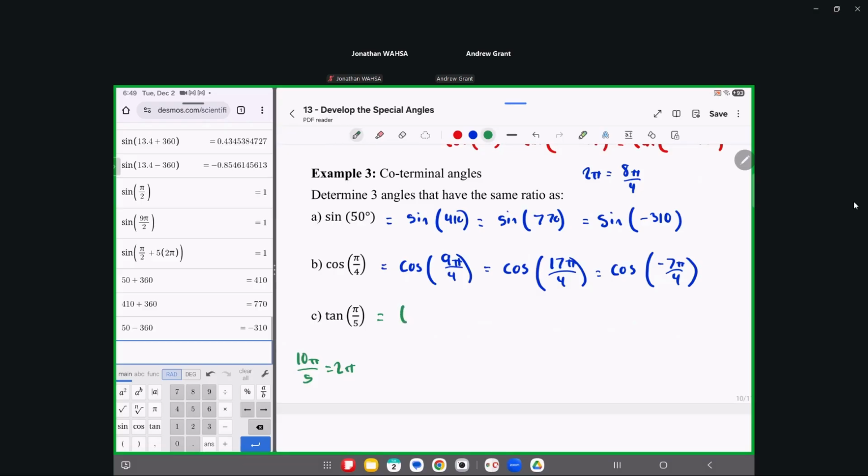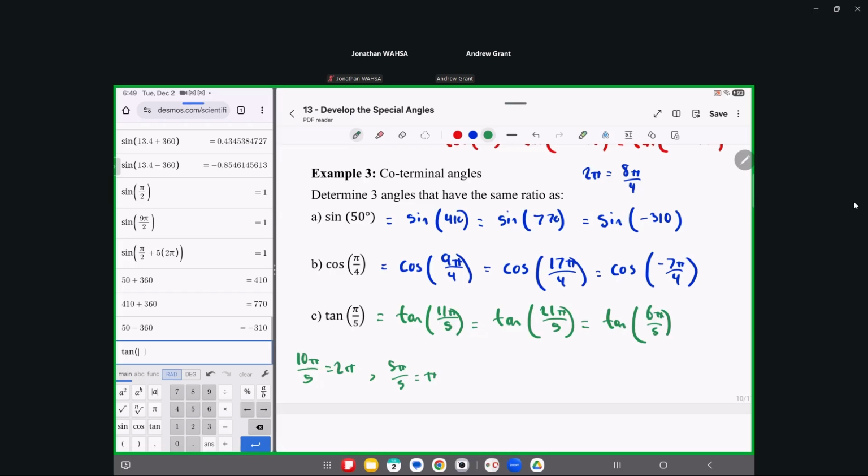So tan of pi over 5 is the same thing as tan of 11 pi over 5, which is the same thing as tan of 21 pi over 5, which is the same thing as, say, adding pi, which would be 5 pi over 5, is just pi. So this could be the same thing as, say, tan of 6 pi over 5.